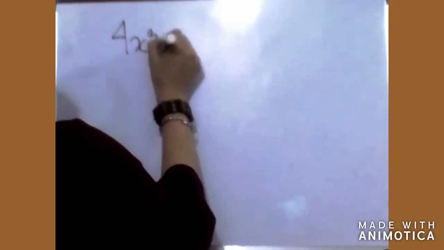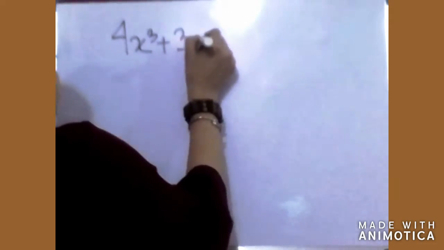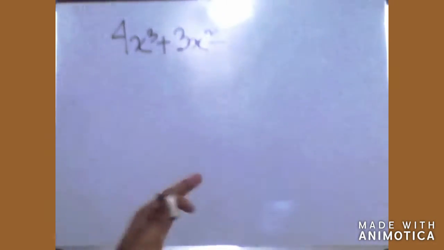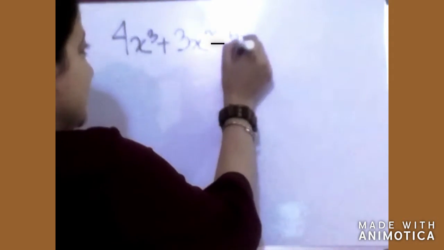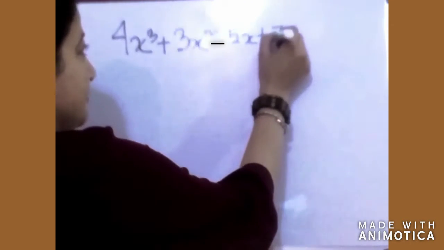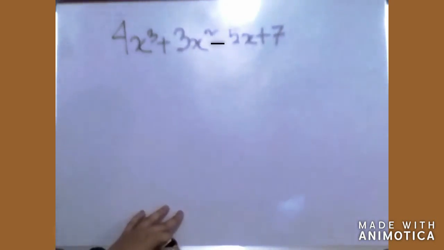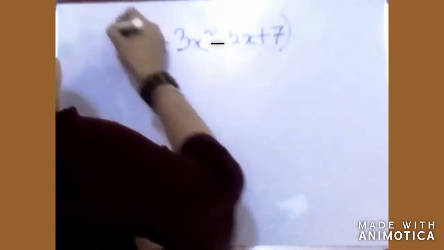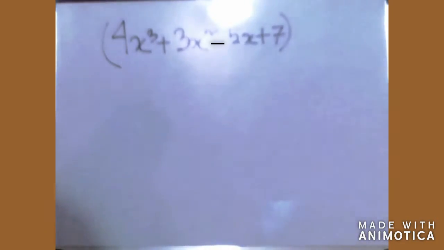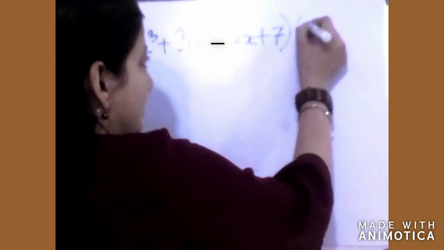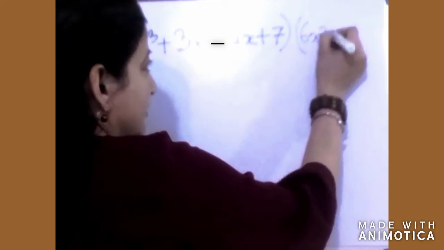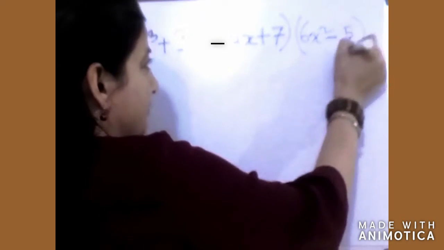Now for a polynomial 4x cube plus 3x square minus 5x plus 7, it is multiplying with another polynomial, that is 6x square minus 5.